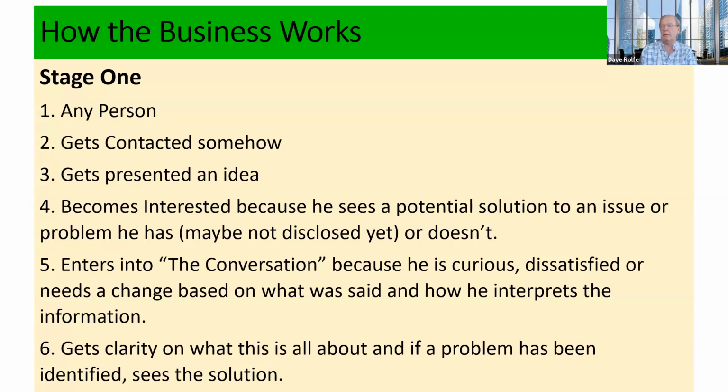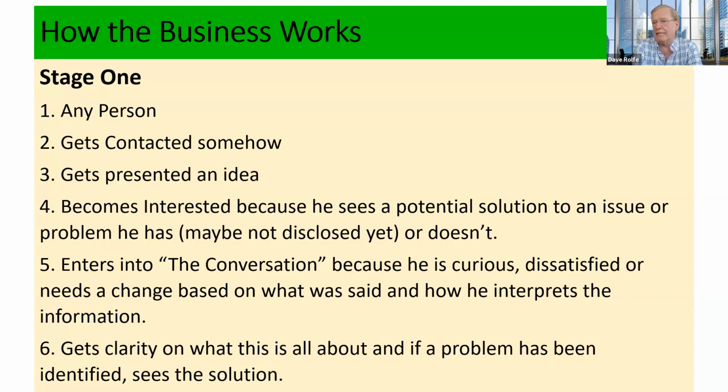Now, the next thing that typically happens is one of two things. They become interested or they don't. That's the bottom line. So if the person that you're talking to sees a potential solution in their mind, that's basically what happens. I'll give you some examples of how that might work. I remember when I first got started in the business, the gentleman presented, well, how would you like to have a Coca-Cola machine on every corner of every street, and every time somebody bought a Coke, you made a nickel.